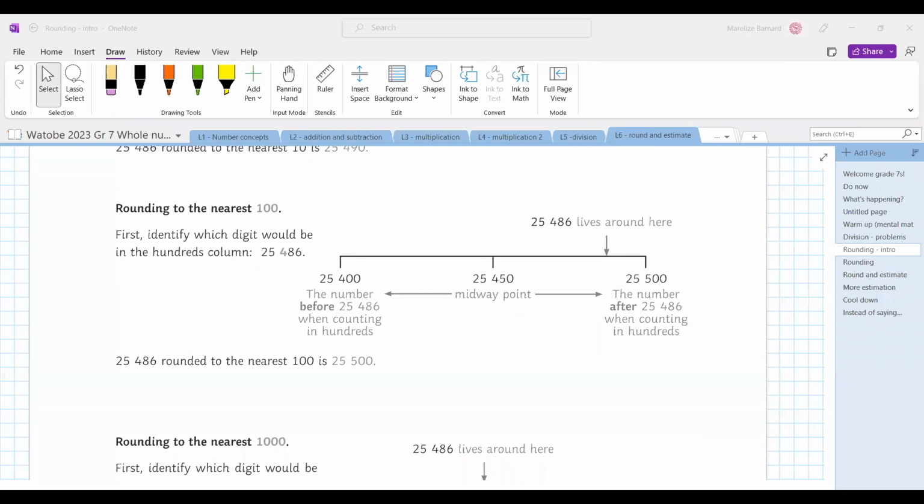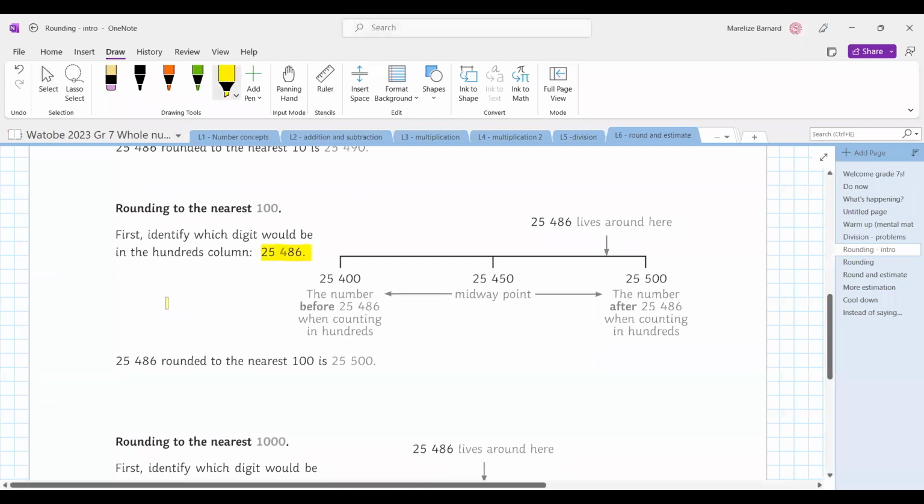So let's now look at taking that same number, 25,486, and we're now going to round that to the nearest 100. So we count in hundreds, 25,400, 25,450, 25,500. Now that number, 25,486, if we look at it on the number line, it is over here.